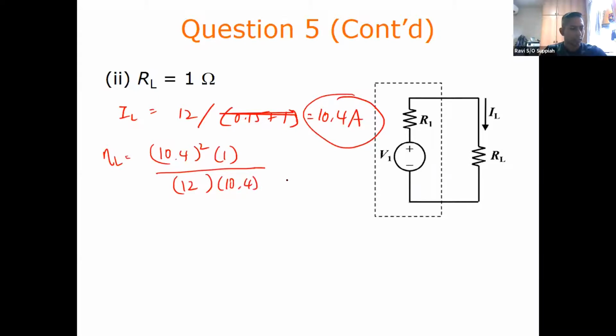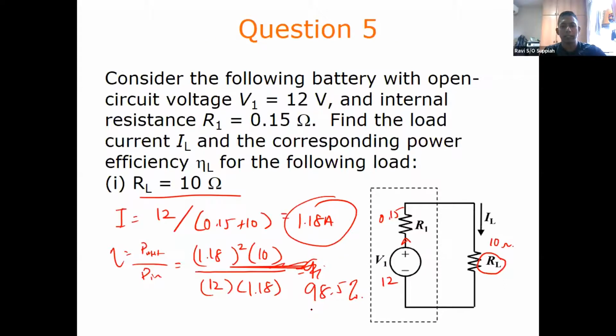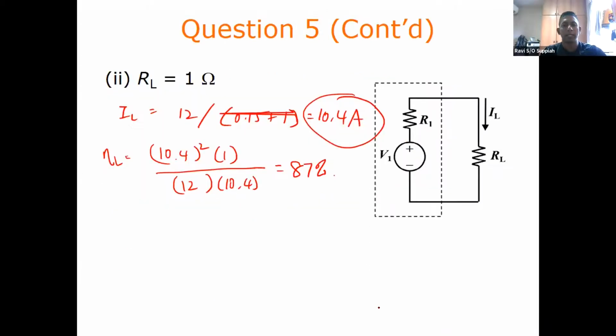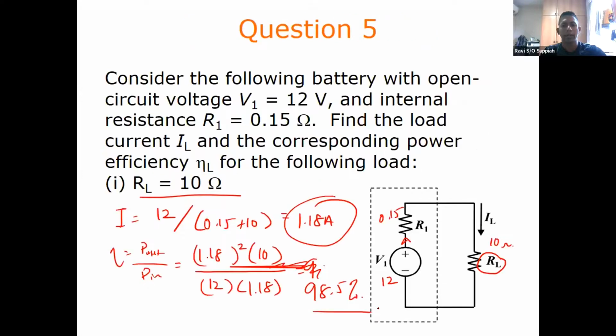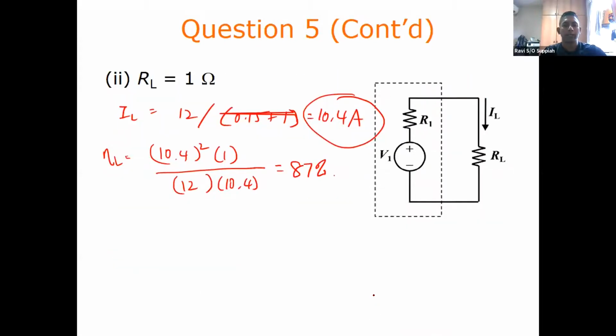That will give me an efficiency of around 87%. If you compare this with the earlier one, what do you see? You see that the efficiency drops by more than 10%, from 98.5 to 87.